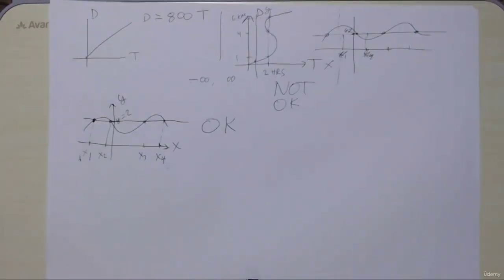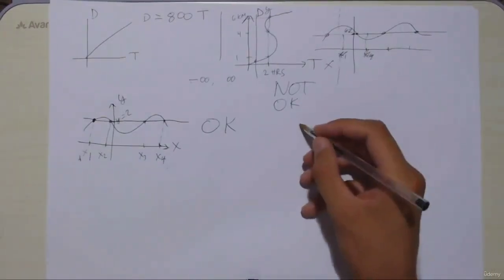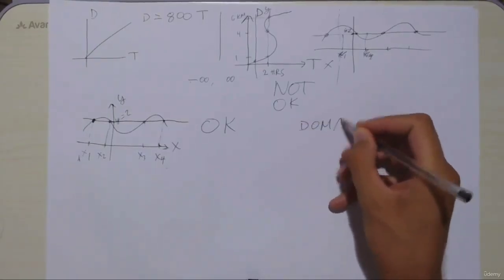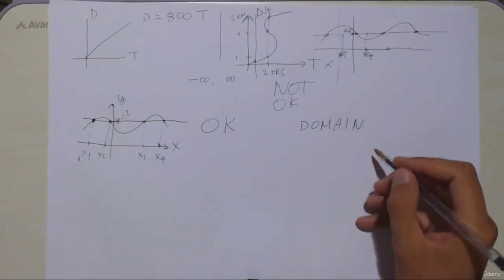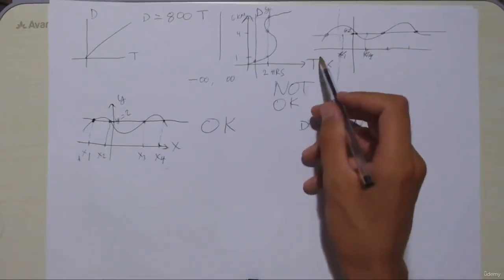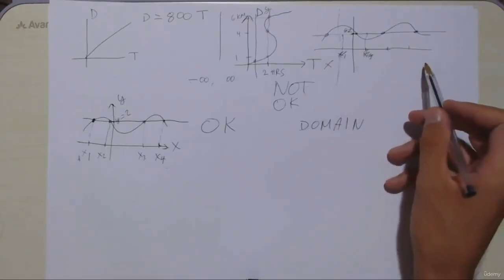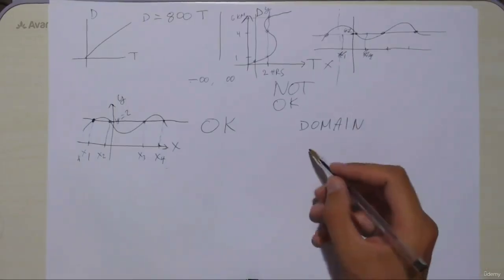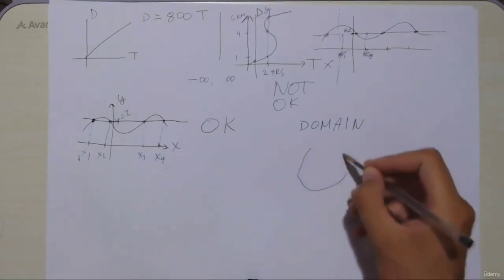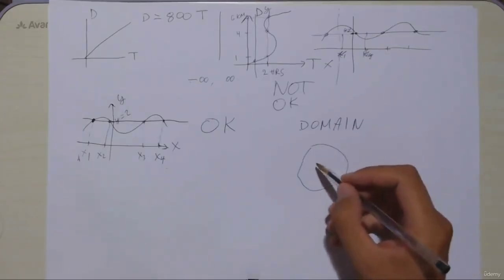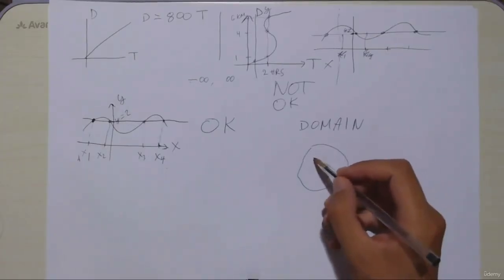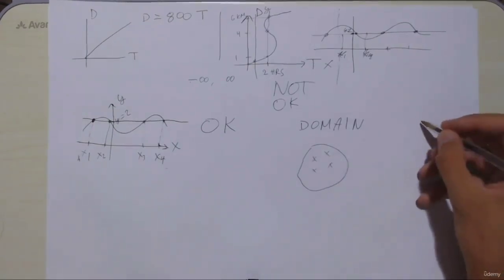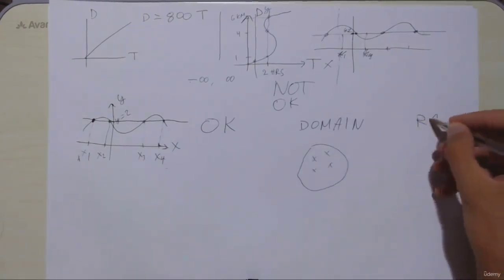Another way to look at it is like this. I'm going to introduce two new terms. One is domain. What is domain? Domain is all the possible x values, or all the possible input values that you can have, all the possible independent values. So if I just say that this is a bag of all the possible inputs that I can have, and then another term would be range.